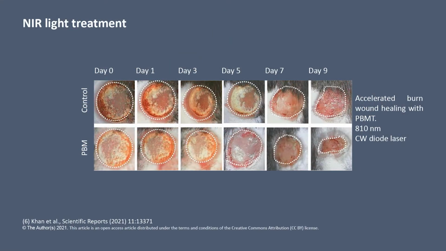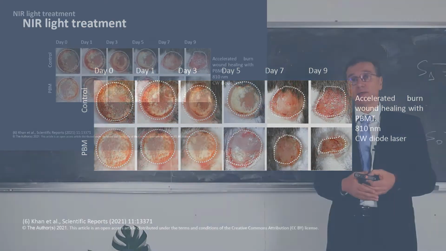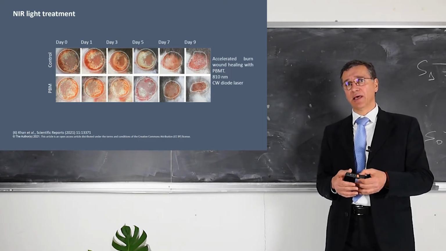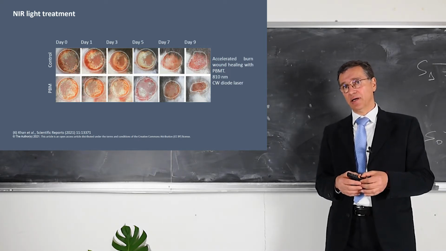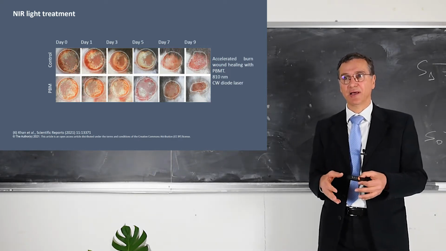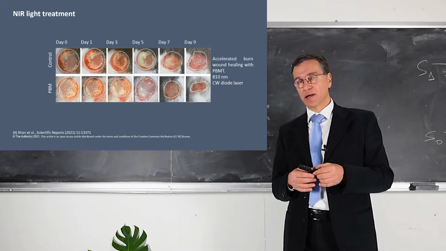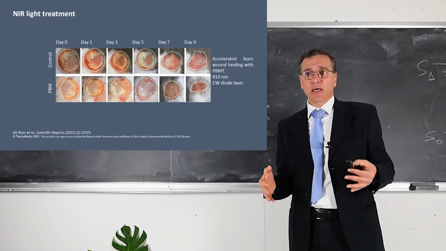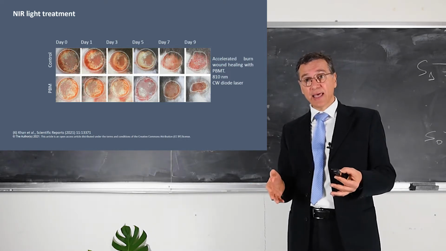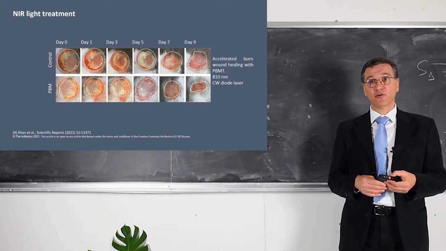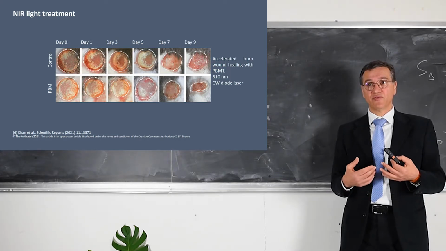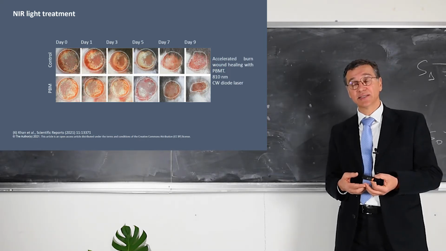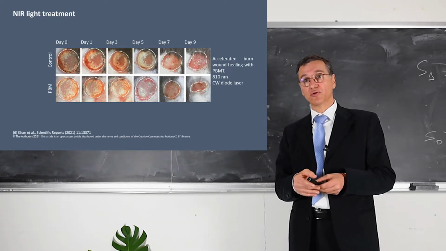Here we have an example of a wound created by a burn on a mouse, and those people are treating with 810 nanometer, so we are in the near infrared, and effectively it works. After 9 days, the effect of photobiomodulation on the healing process is clearly visible with respect to the control.